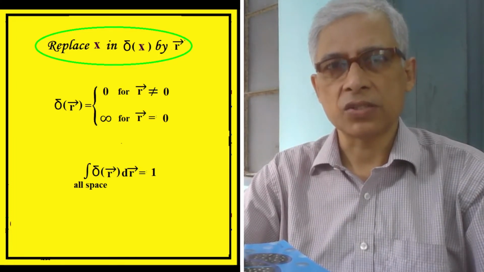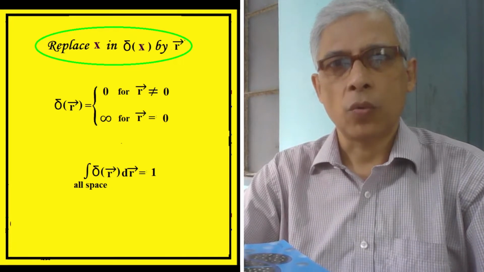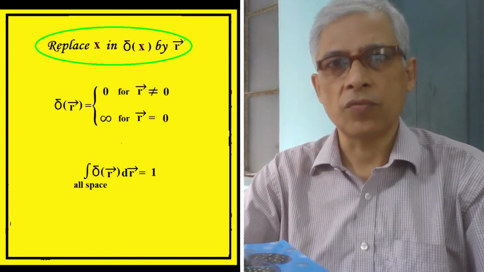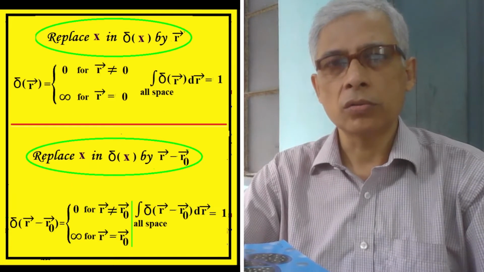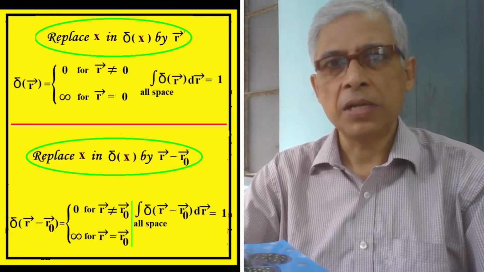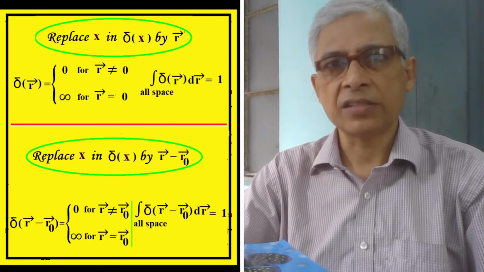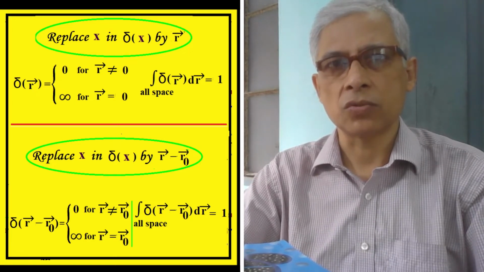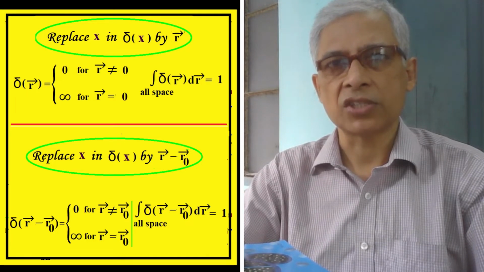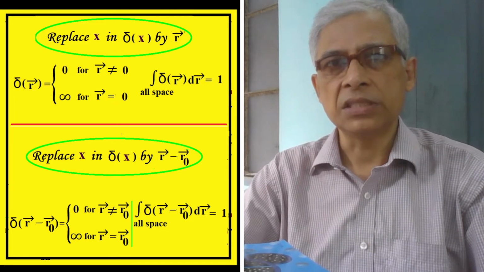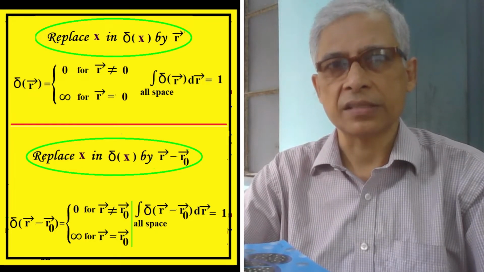Unlike the previous one-dimensional cases where integration was over the x-axis, here the integration is over all space. And replacing x by vector r minus vector r0, we can define and arrive at the Dirac delta function of vector r minus vector r0 as written neatly in the slide.